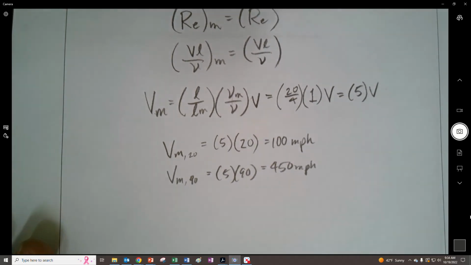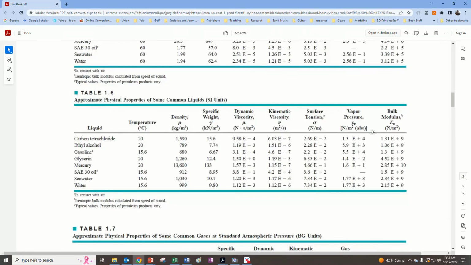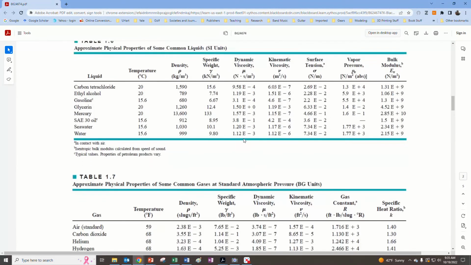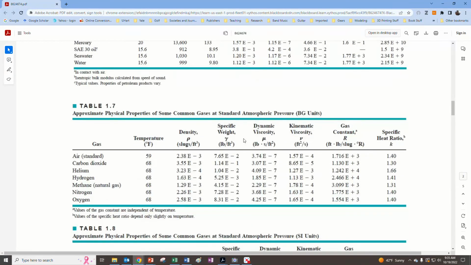So if we go ahead and look up, let's see if we still have this up here. Do we have the speed of sound? No, we do not. But we do have the Reynolds number. So let's go with air, and let's assume it's air at 60 degrees, which is standard. So we're going to have a k of 1.4, the specific heat ratio.